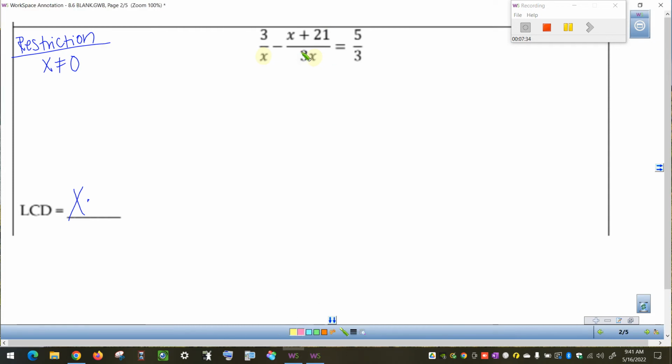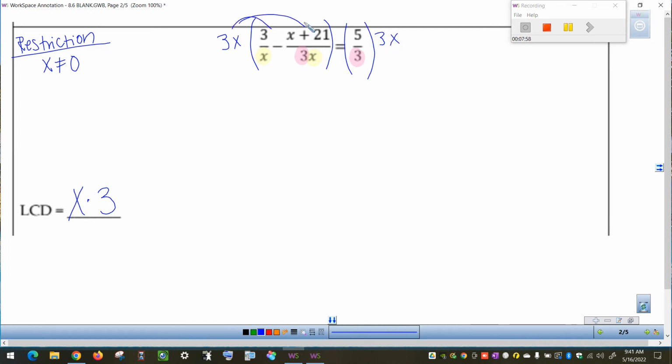Also, it looks like we have a factor of 3, but the most number of 3's in a single denominator is just one 3. So it looks like our LCD will be 3 times x, if we just switch the order around. And we want to think about multiplying everything on both sides by 3x.